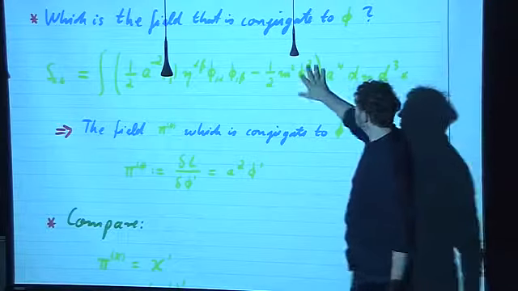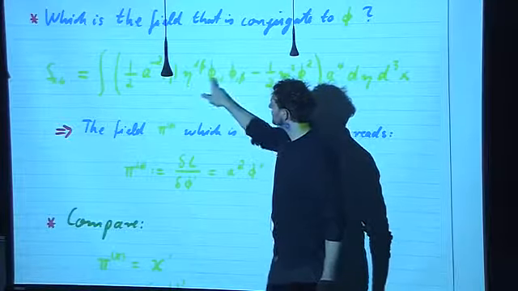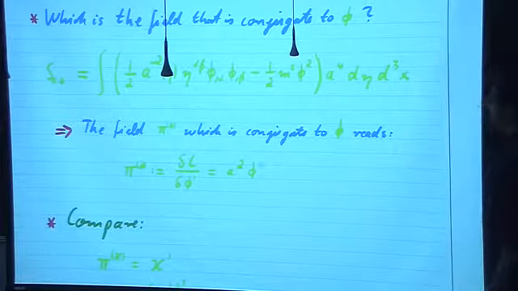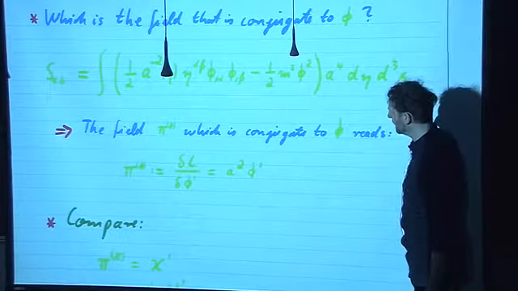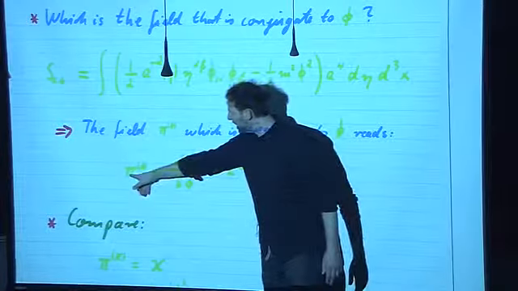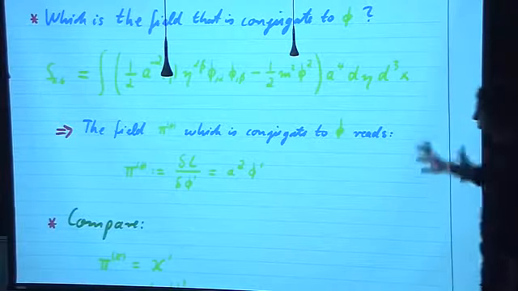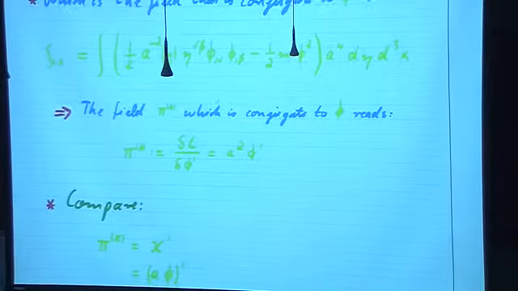Well, it's not going to pick up anything here, and here this is diagonal, but it's going to pick up the a to the minus 2. Together with the a to the 4th it is a squared. So what we find is that pi superscript phi is a squared phi prime. Somewhat non-trivial here.